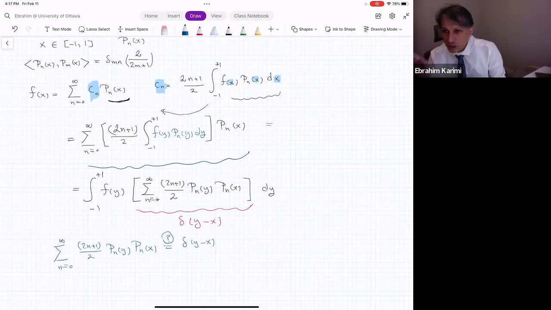This is what we call the completeness equation.